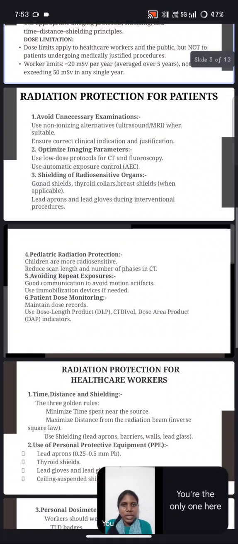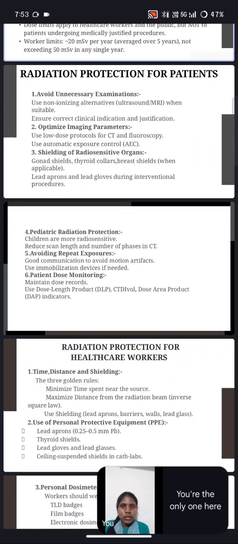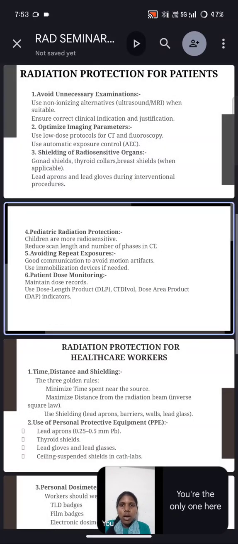Radiation protection for patients. There are six protection types. The first one is avoid unnecessary examinations, the use of non-ionizing alternatives when suitable, and ensure correct clinical indication and justification.